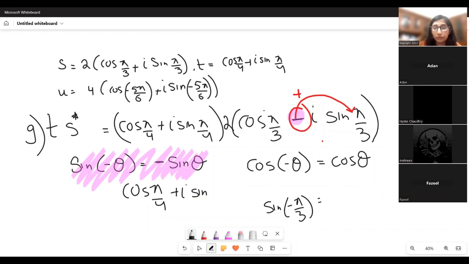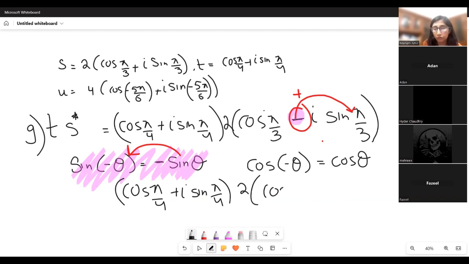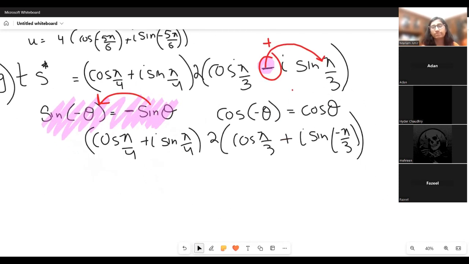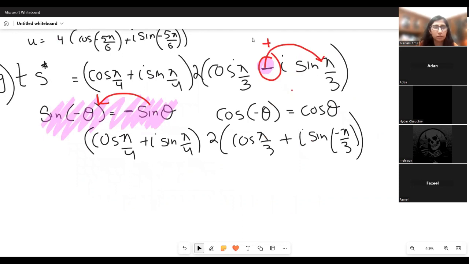So I'm sending that negative sign with the angle. So sine pi by 4 times 2 cos pi by 3, that negative is going inside, so plus iota sine minus pi by 3.